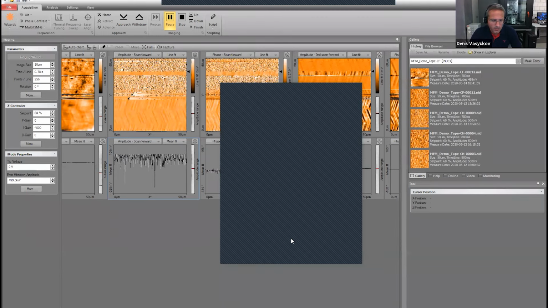If you want to study how this magnetization changes with the field, then of course you need the external magnetic field generator, which I already showed. We have an in-plane magnetic field generator that looks like this. There is software to control it, and you can automate your measurements. You can set, okay, I'm going to go from this field to that field with this many steps, and the system will do imaging for you.